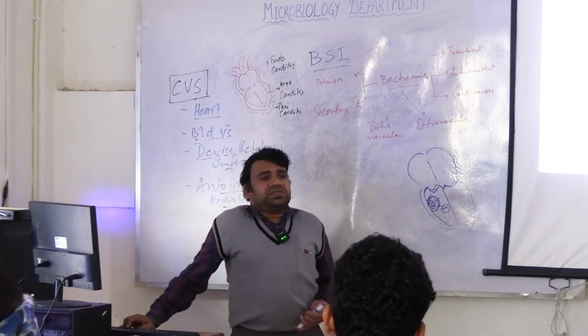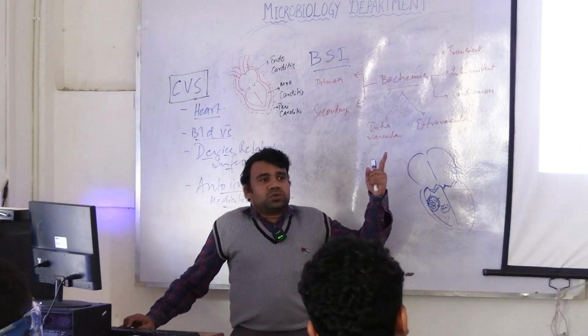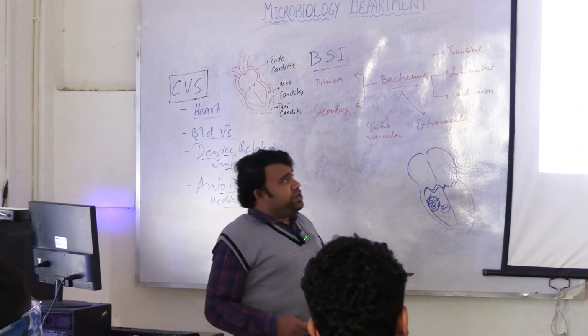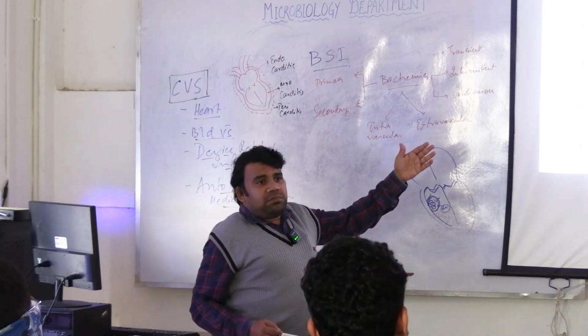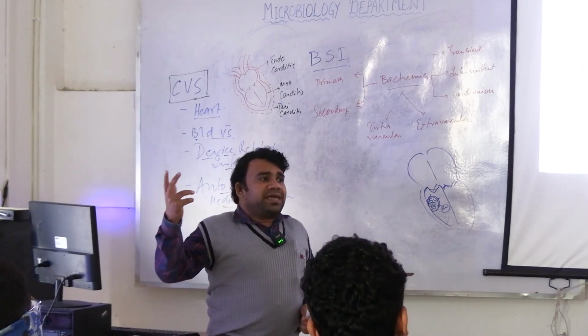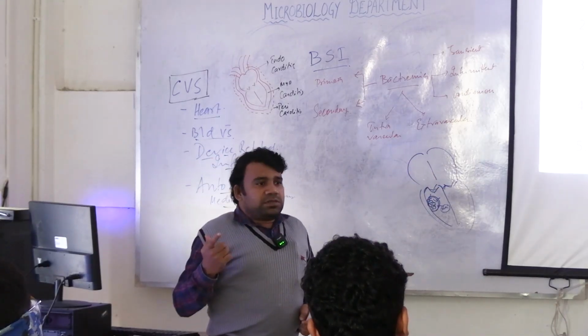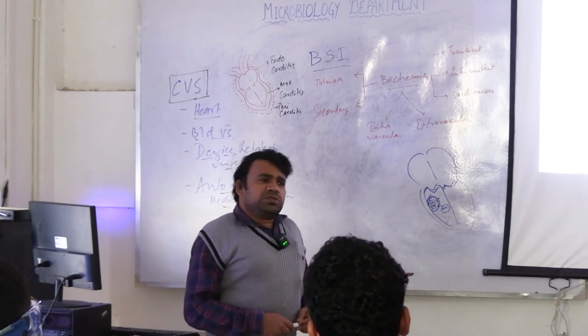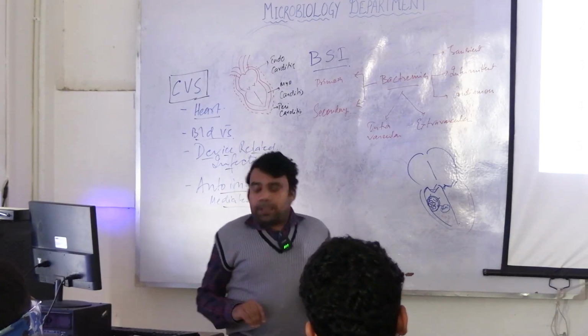So these vegetations will be common where? Near the heart valves, then chordae tendineae, then endocardium, endothelium, and suppose the patient already has a septal abnormality. It could be a ventricular septal defect or an atrial septal defect. Those could be those areas. Understood?